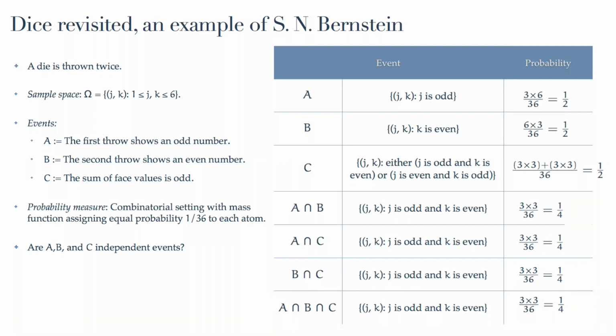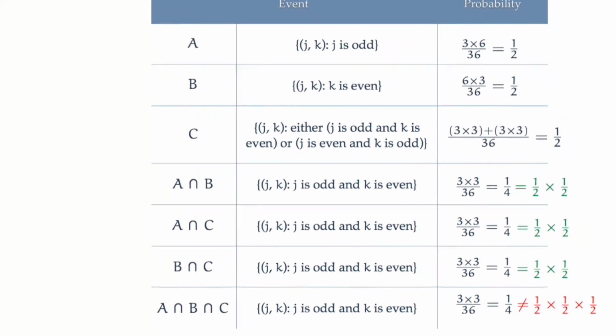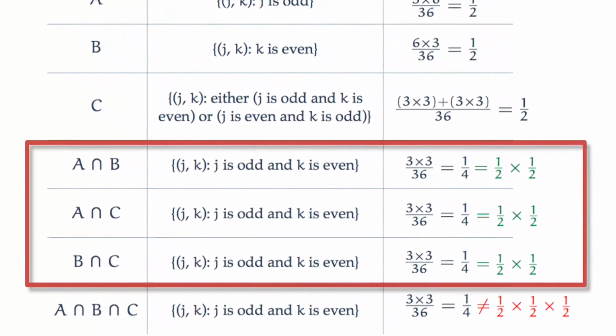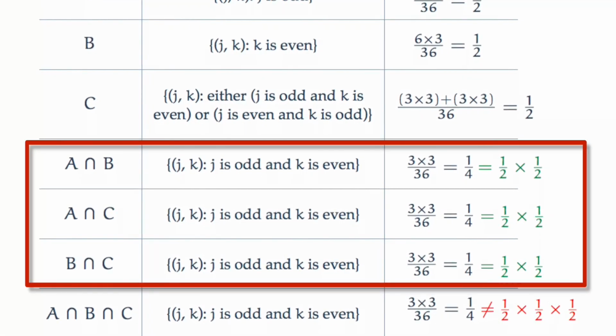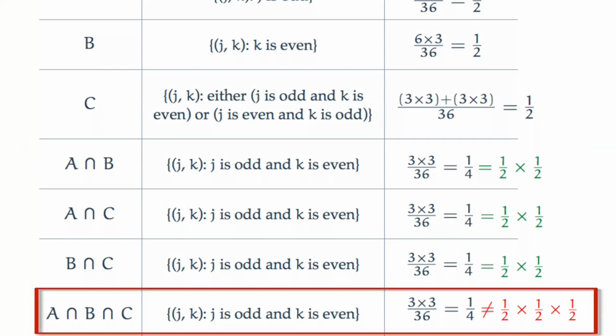Okay, let's pause now and see how we're doing with our rule of products. 1 in 4 is surely 1/2 times 1/2, and therefore for all pairs A and B, A and C, B and C, a rule of products is manifested. But for a triple, 1/4 is manifestly not 1/2 times 1/2 times 1/2, and therefore the rule of products is violated when you have the 3 intersections.